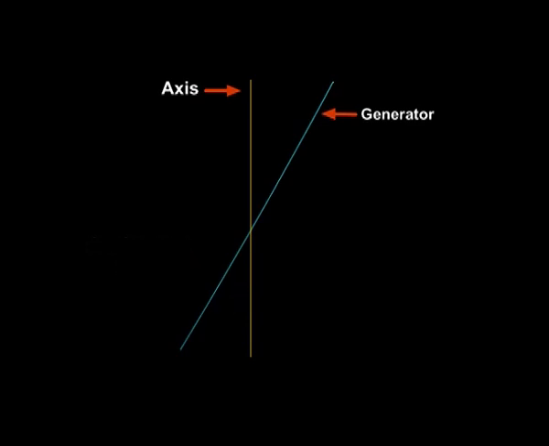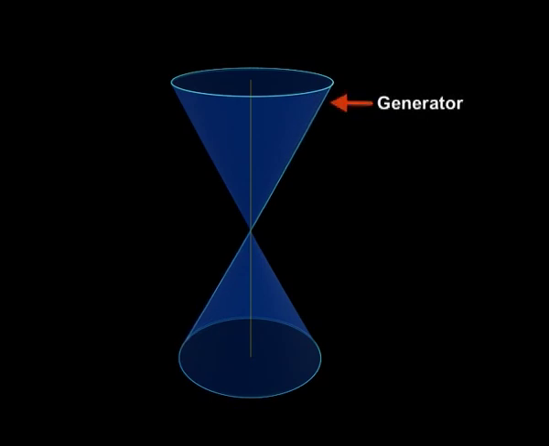Now, let's imagine grasping the axis between the thumb and the forefinger on either side of its point of intersection with the generator and rotating it. The generator sweeps out a surface as shown in the diagram. It is this surface which we call a cone.